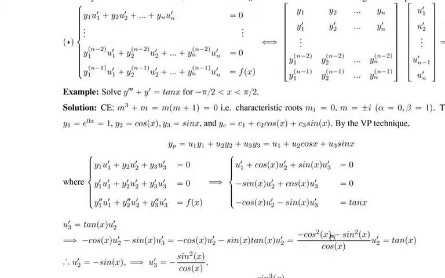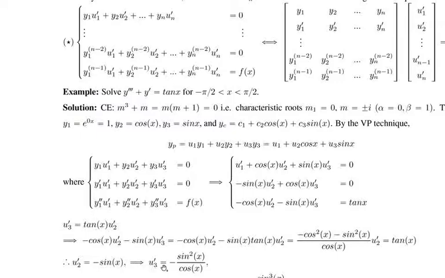This is nothing but minus 1. So u2 prime is going to be equal to minus tan x times cosine x, which is minus sine x. So we have found what u2 prime is. Then we can plug it into this equation to deduce what u3 prime is.